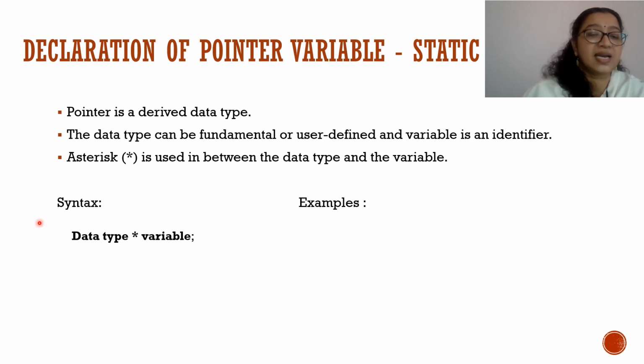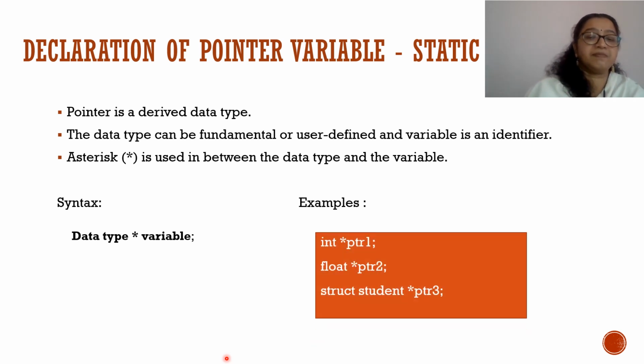Okay. See the syntax here. Syntax is data type, space, then put star, then variable, semicolon. This is the way of pointer variable creation. Understood? See the examples. If it's an integer, int star ptr1. ptr1, I just put a name for the pointer variable.